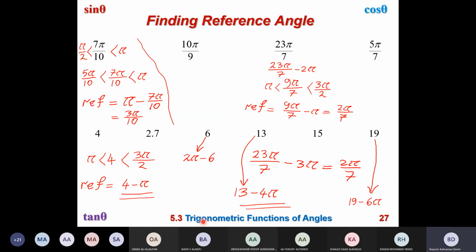How about 13 minus 4 pi? 13 radian. Well, 4 times pi will be 12 point something.